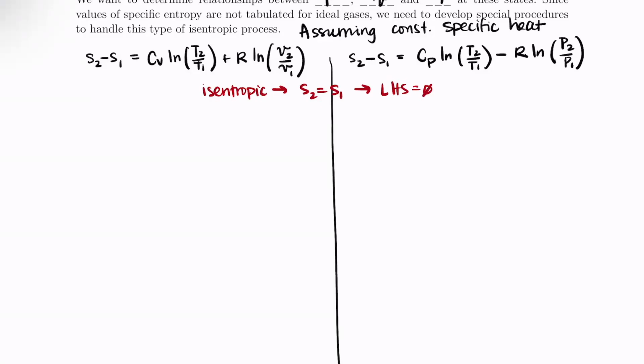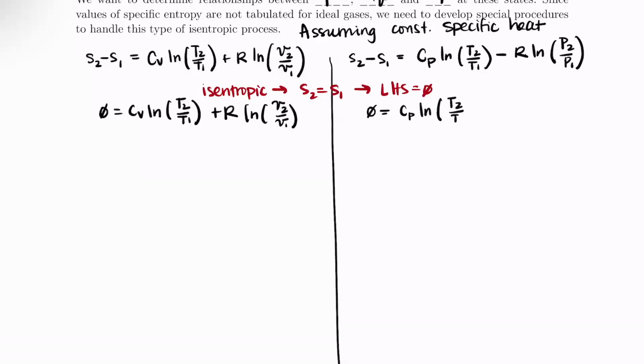So that means that I have 0 is equal to Cv natural log of T2 over T1 plus R natural log of V2 over V1. And a similar thing over here. So I have 0 is Cp times the natural log of T2 over T1 minus R natural log of P2 over P1. Okay.